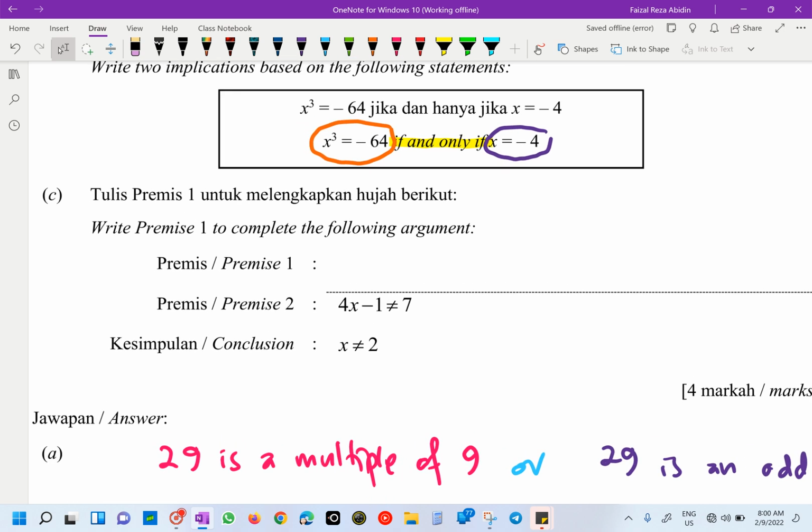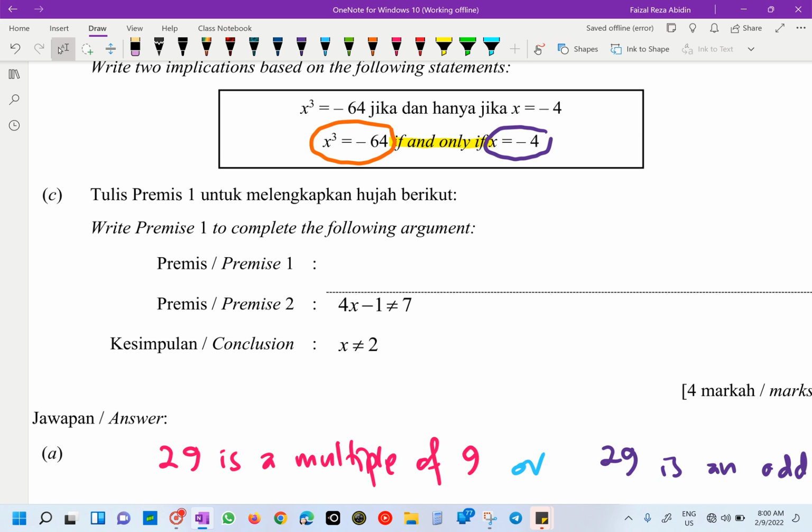Okay, next. This one we want: the premise 1 to complete the following argument. So it says over here premise 2, 4x minus 1 is not equals to 7. The conclusion given over here, x not equals to 2. For your premise 1 here, you are using if, then.